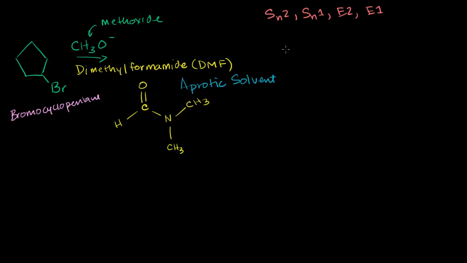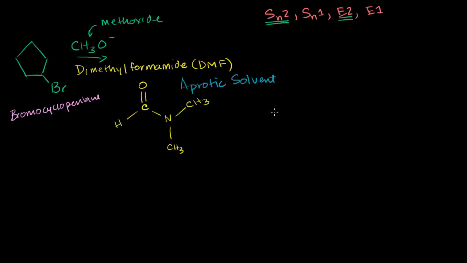Now, we've gone over this a little bit with Sn2 and Sn1, but the same idea applies. In order to have an Sn2 or an E2 reaction, you have to have either a strong nucleophile or a strong base, and the same thing could actually be both, although they're not always correlated. We've seen that before. Now, if you had a protic solvent, it would stabilize the strong base or the strong nucleophile. The protons would react with them.